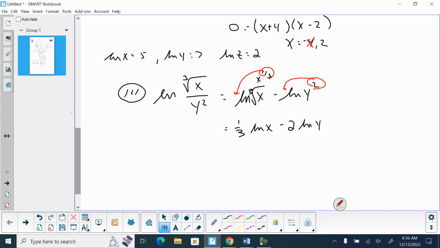The ln of x is 5. So we have 1/3 times the value of 5 minus 2 times ln of y, which is the value of 7. Now, this tends to be a confusing part to students at times.